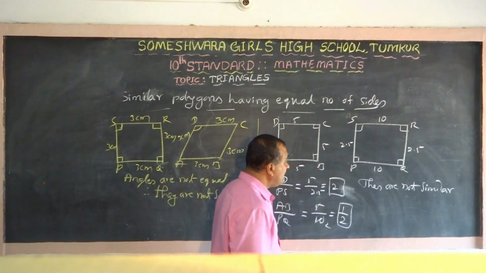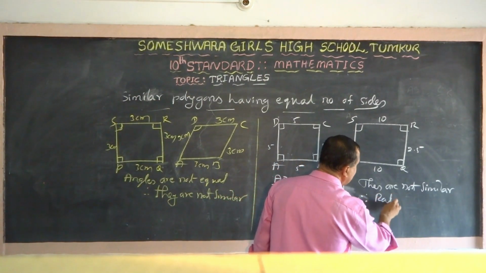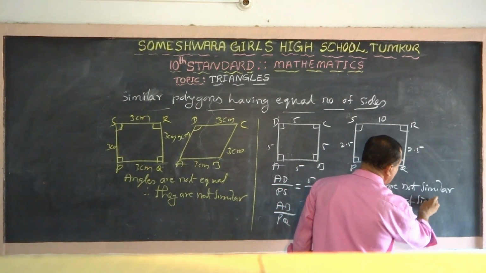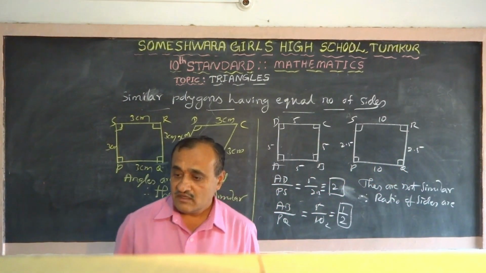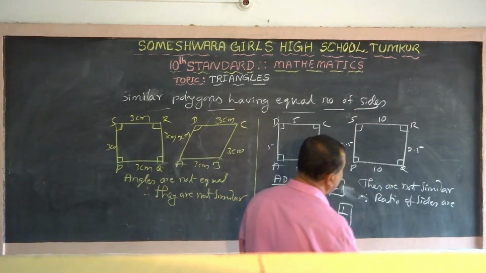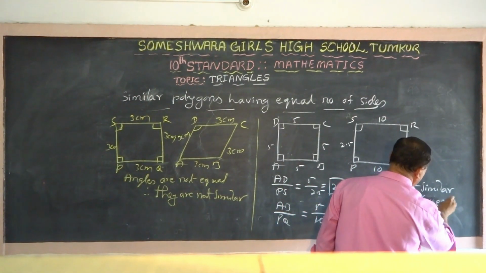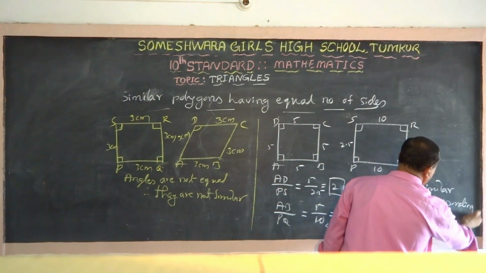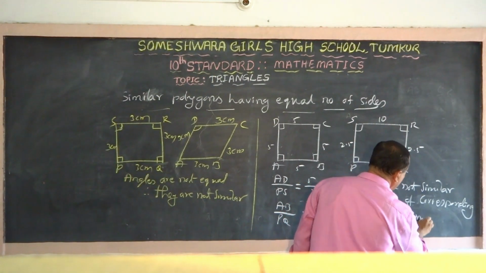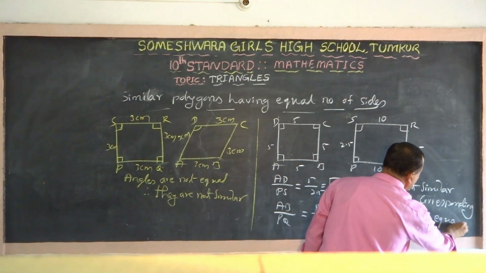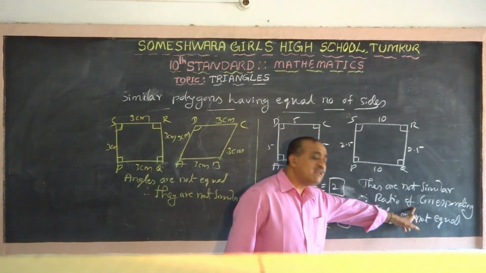These are not similar because ratio of corresponding sides are not equal.